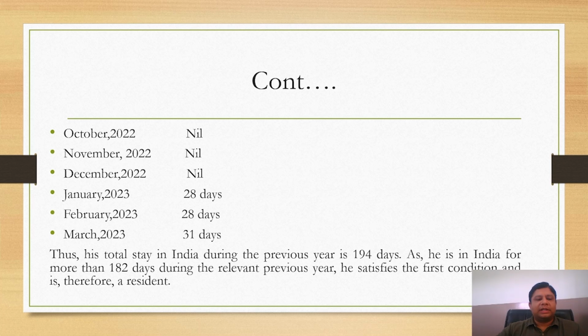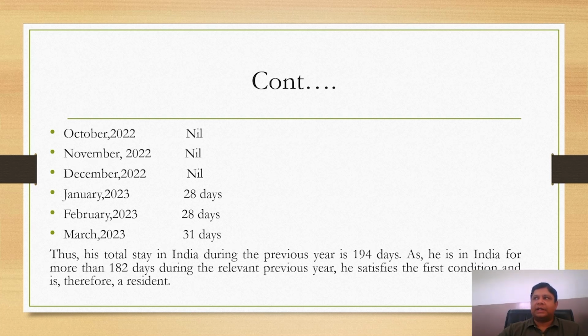Thus, his total stay in India during the previous year is 194 days. As he is in India for more than 182 days during the relevant previous year, he satisfies the first condition and is therefore a resident.